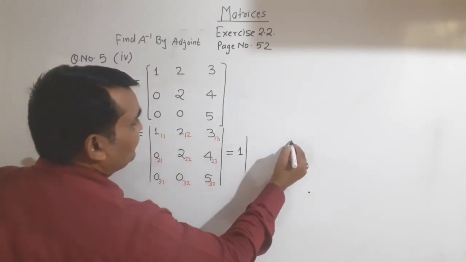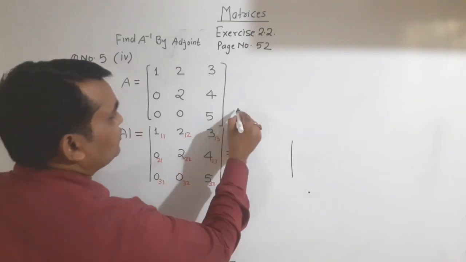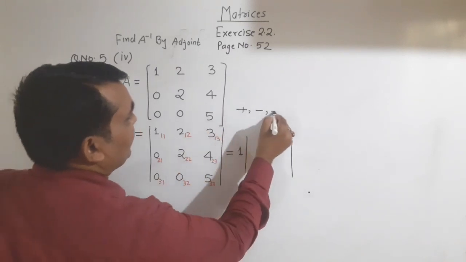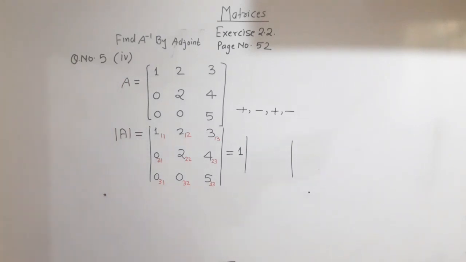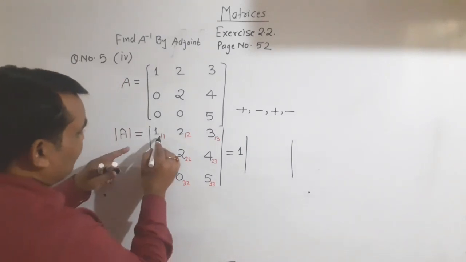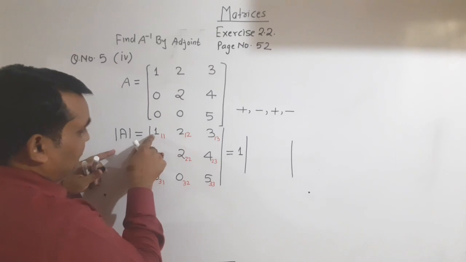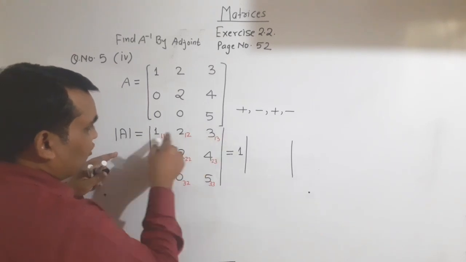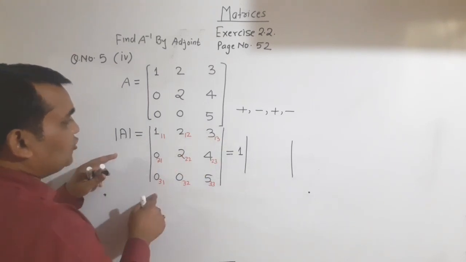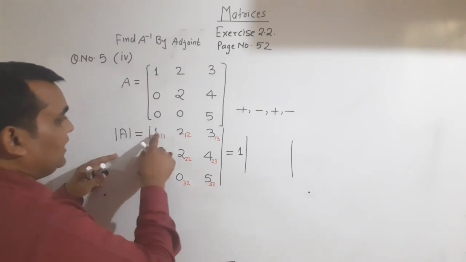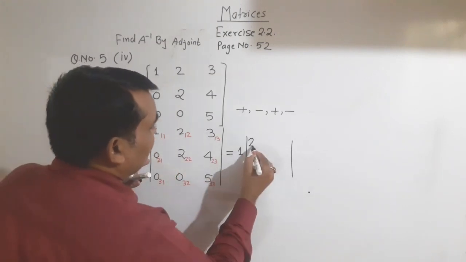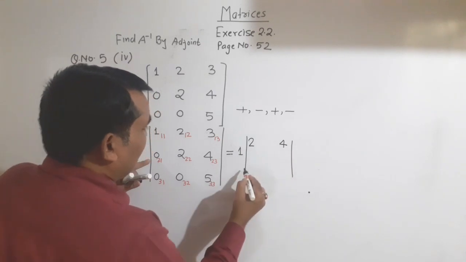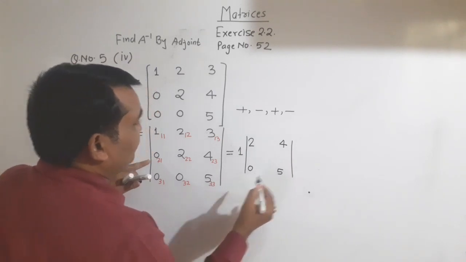So 1, and the determinant always moves plus, minus, and so on. Now what to do, my dear? 1 is present in the first row and the first column. So you just eliminate the elements of the first row and the first column. Write down the remaining elements, that is 0, 5.